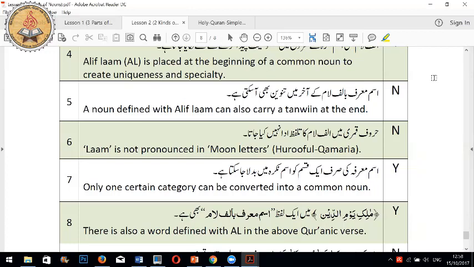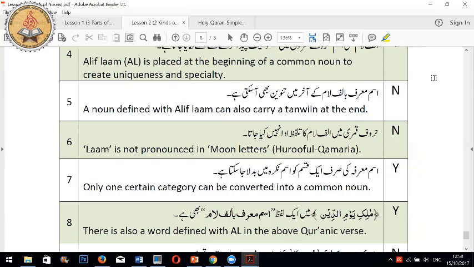Hafiz sir, you were mentioning that haza is a pointing noun, yes, and huwa is a pronoun. But in the Arabic language, sometimes when you're pointing towards something, you also say huwa. So now huwa, that's good.